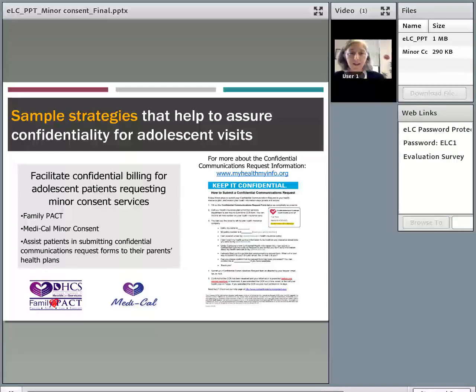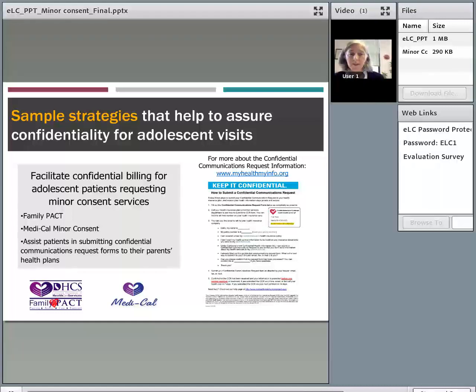And then, as I noted, if someone is on their parent's insurance and there is no public alternative available, there is now a law that allows the minor to contact the insurance company and request confidential communications and request that the insured not share information with the owner of the plan.